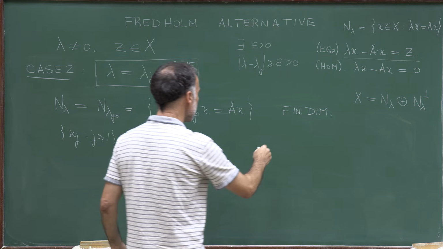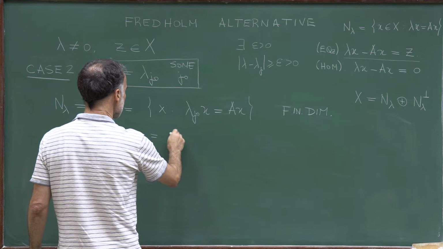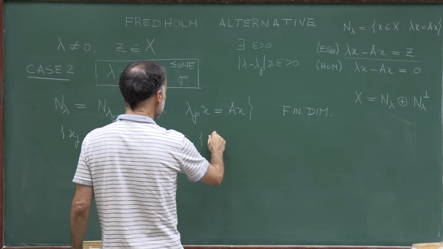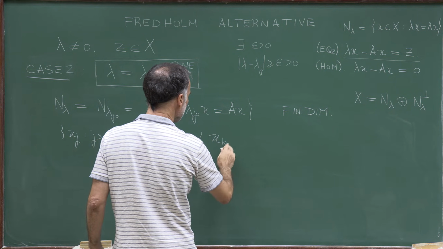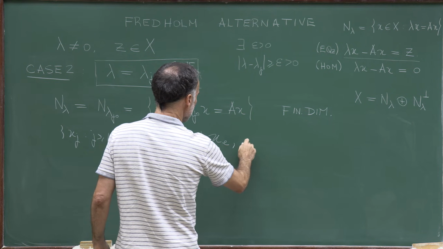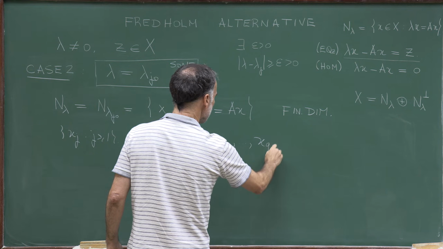So let's say that this space is the linear space generated by x_p up to x_q.